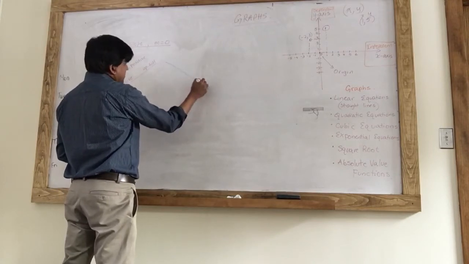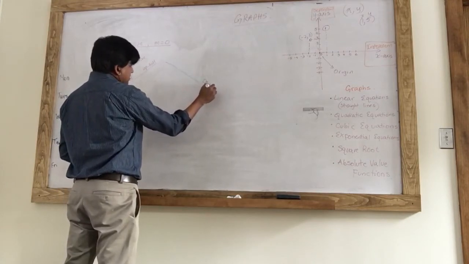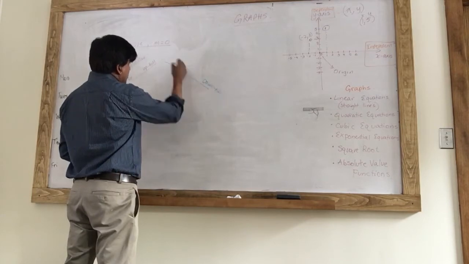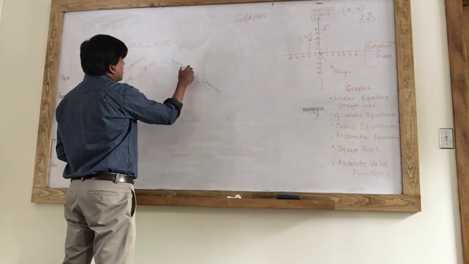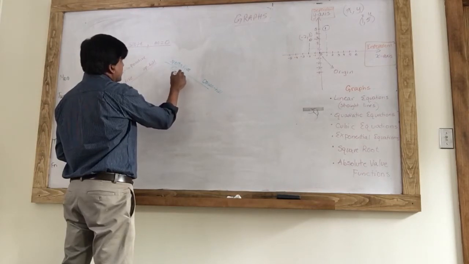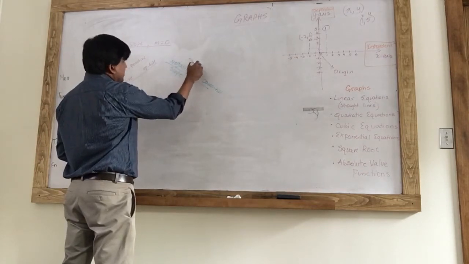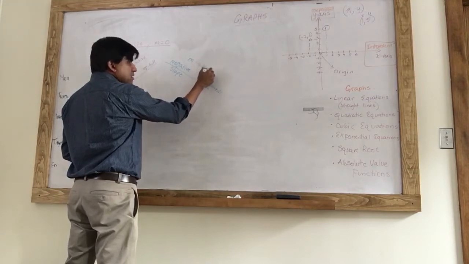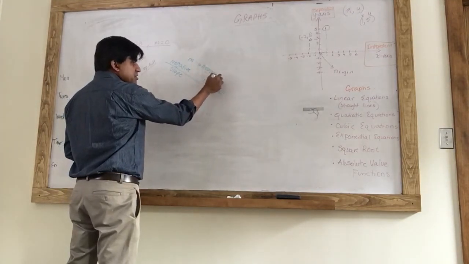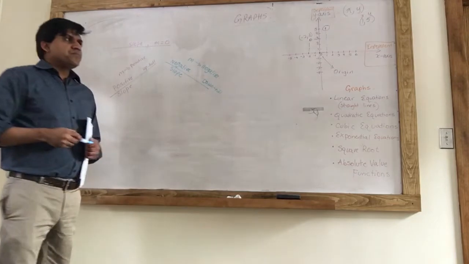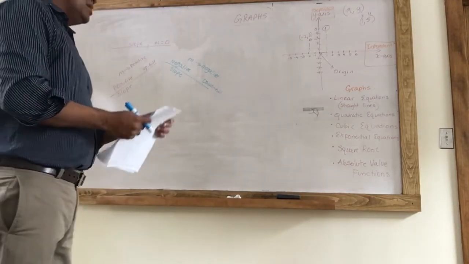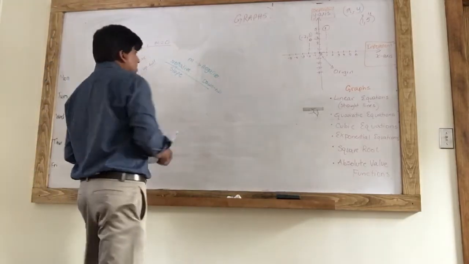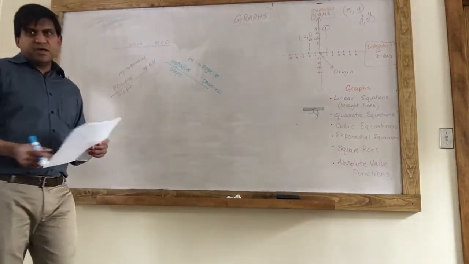Then you'll have a negative slope. You've got a negative slope. So m is negative. So we've got two things. When you're moving uphill, you've got a positive slope, and when you're moving downhill, you've got a negative slope, right?